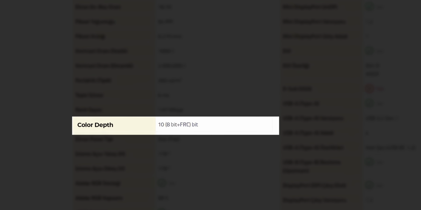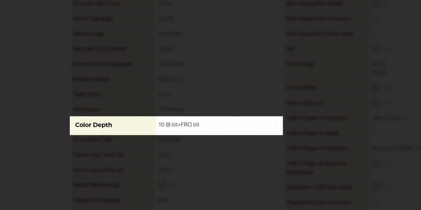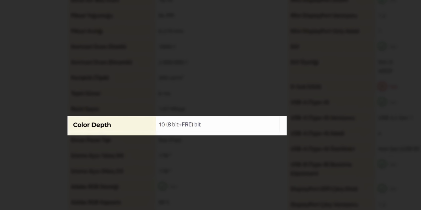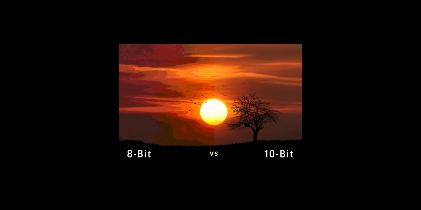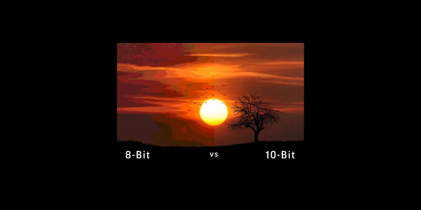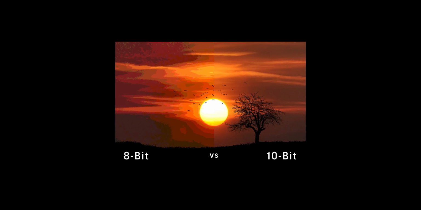If you delve deeper, you'll find monitors labeled as 8-bit plus FRC. These monitors, initially 8-bit, can approach 10-bit quality through FRC technology. They are also more budget-friendly than true 10-bit monitors. As I mentioned, I am explaining in order of importance. That's why color depth is very crucial for us.